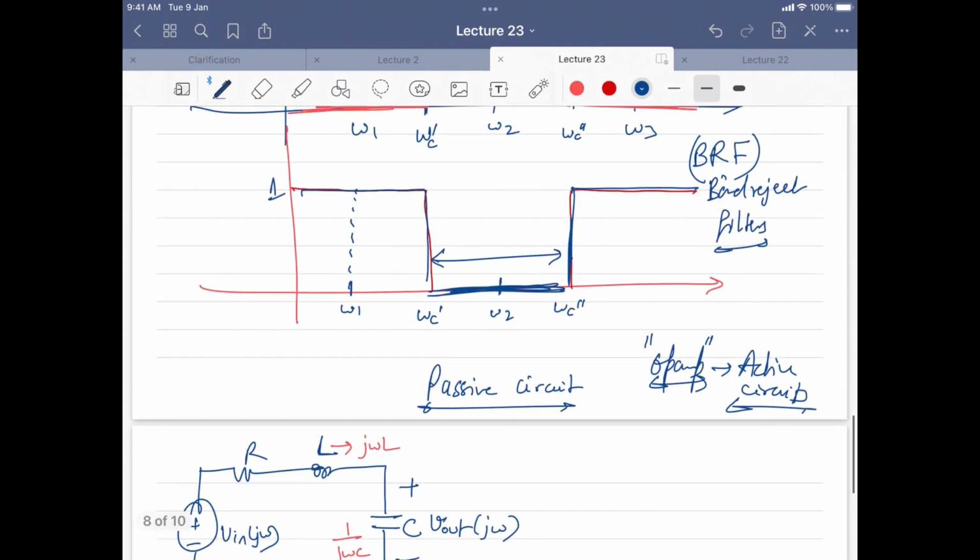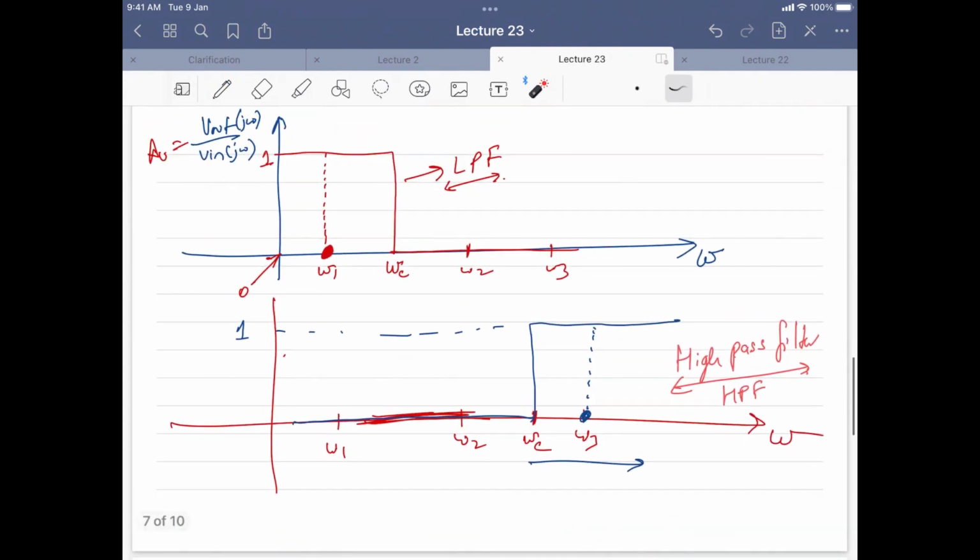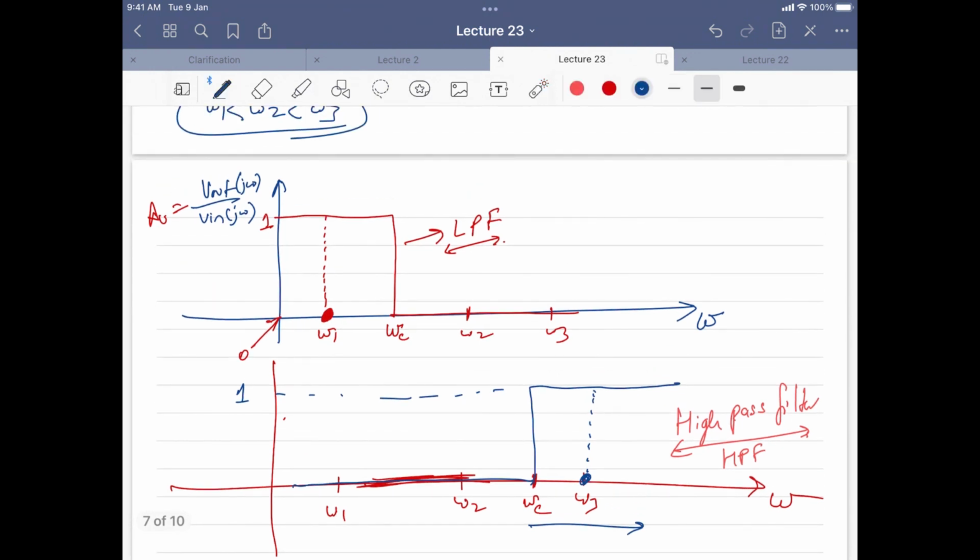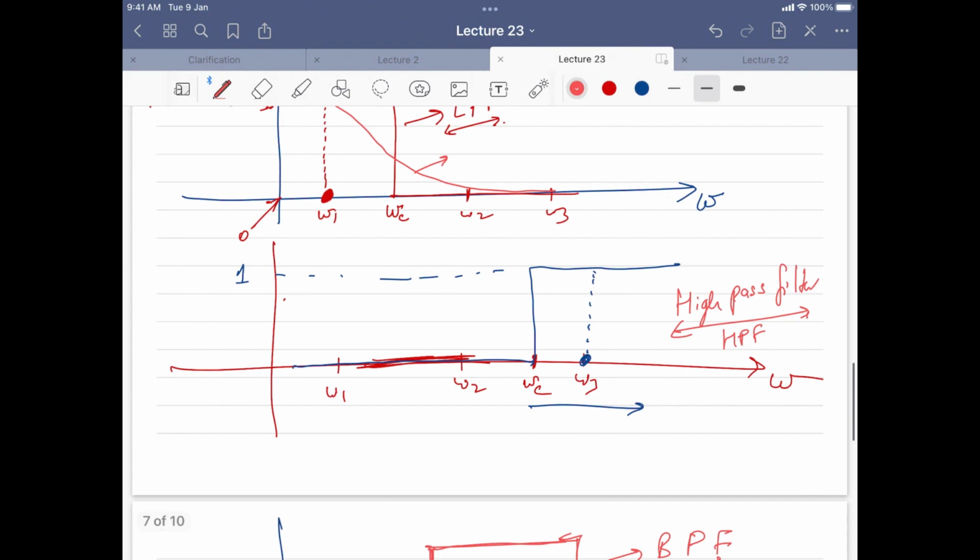The curve which I have drawn here is the ideal curve. Actually, these curves are ideal, and it never happens in real life like this. The curves look like this. This is the real curve, and this is the ideal situation. And the world is not ideal, right? Situations are more real rather than ideal. So here also the curve will look like this.